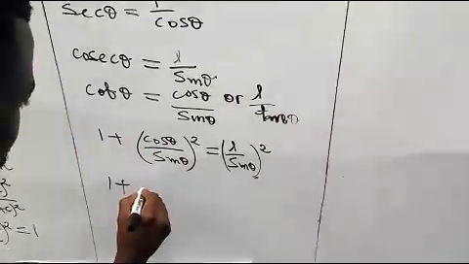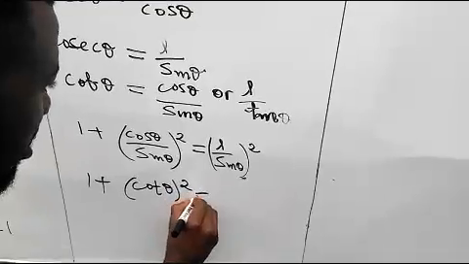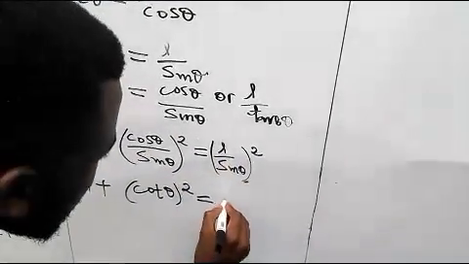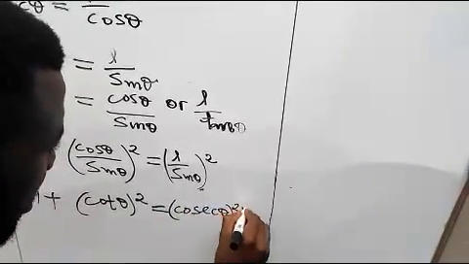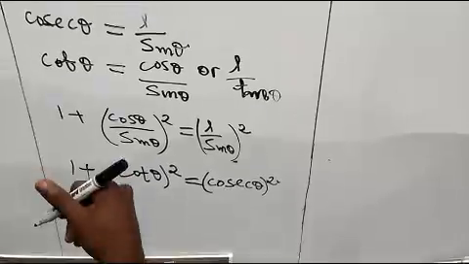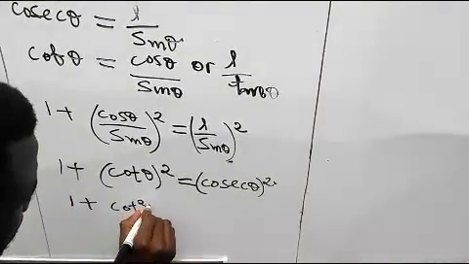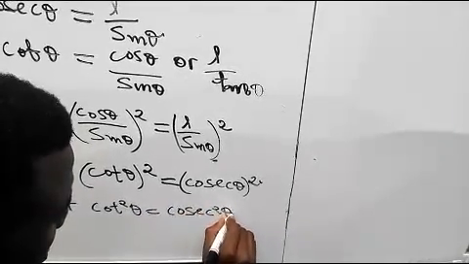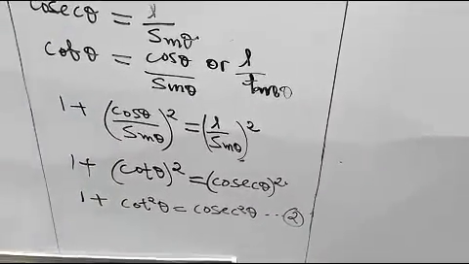Cot theta. So we are going to have cot theta all that squared equals to 1 on sin theta, which is simply giving us what? Cosec theta. So we are going to have cosec theta all that squared. Simplifying our equation, we are going to have 1 plus cot squared theta equals to cosec squared theta. This is our equation 2 of our trigonometric identities.